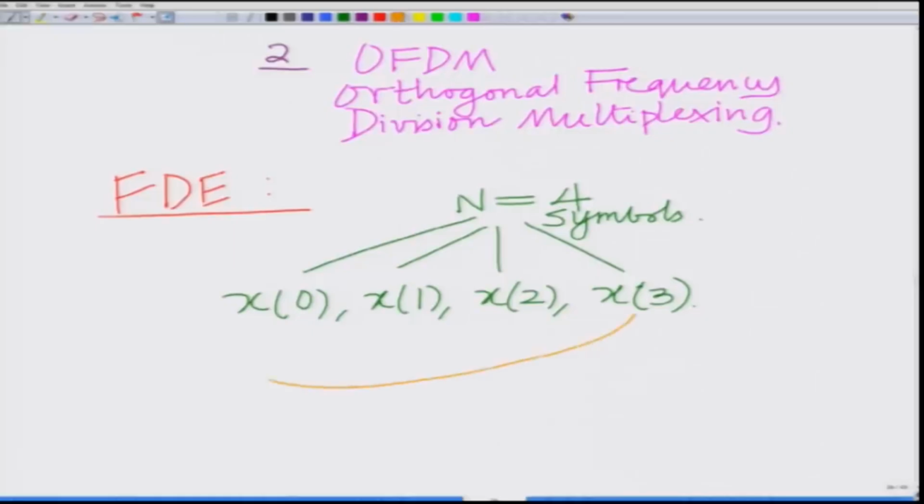So in that sense it is similar to OFDM, that is we take x3 from the end and prefix it at the head of the block. This is termed as the cyclic prefix. This is something that we have seen several times.